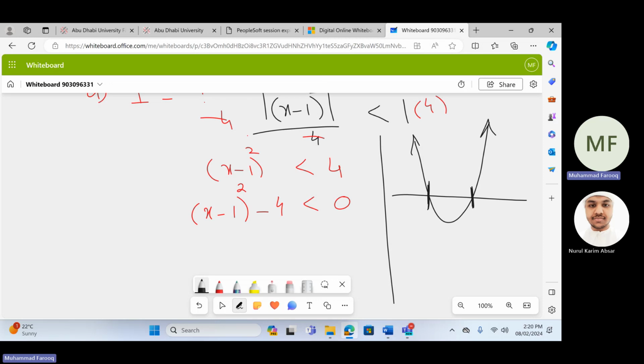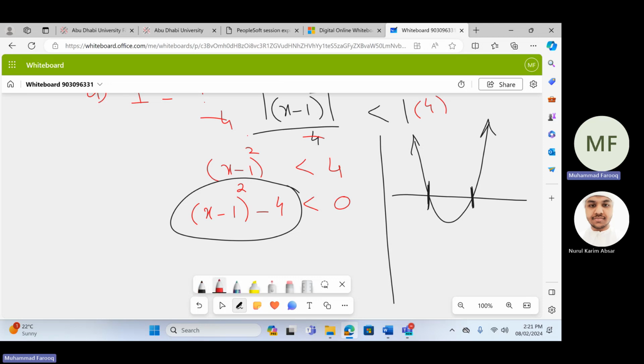Take the roots, the zeros. Give me the zeros, open it, simplify it and give me the x values. So that is 3 and -1.